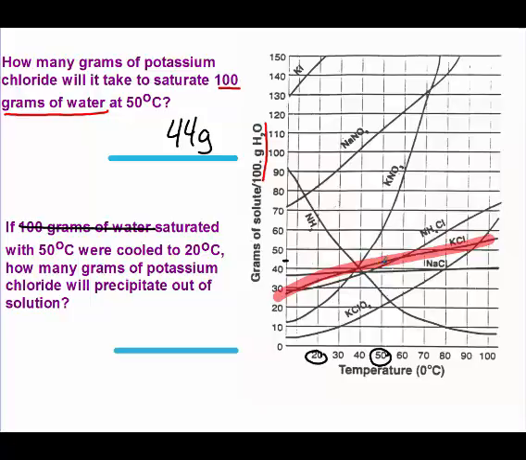At 50 degrees, it was around 44, and at 20 degrees, it's about 34. So 44 minus 34, 10 grams will precipitate out. So when you're asked how much will precipitate out, find how much will dissolve at the two temperatures and subtract them.